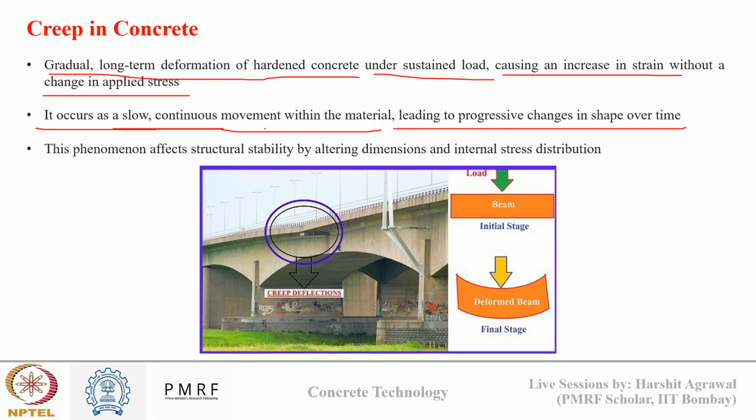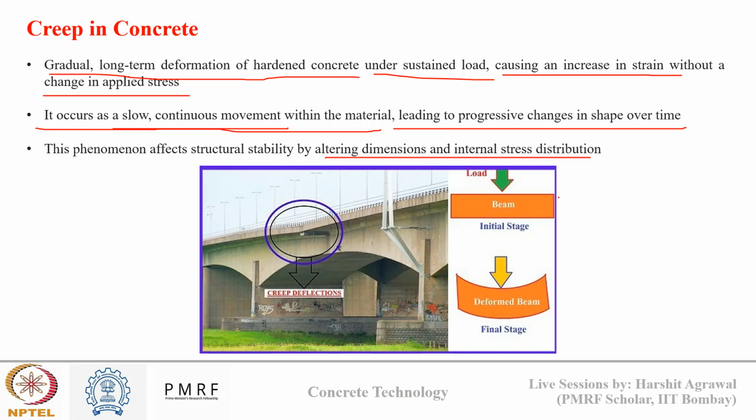The load is not near the failure load, but due to the slow continuous movement, these changes occurring within the material lead to failure at the end. And what is the end result? This creep phenomenon affects the structural stability by affecting the dimensions and the internal stress distribution.